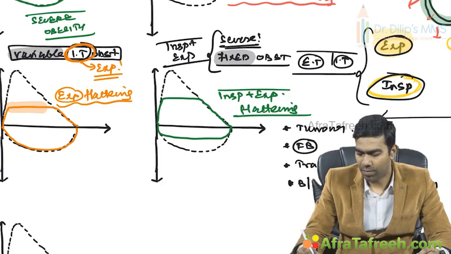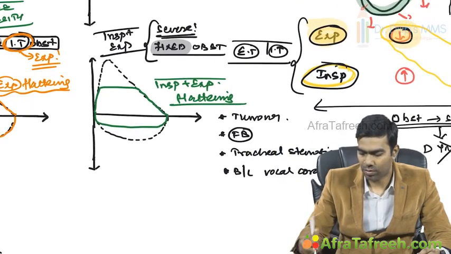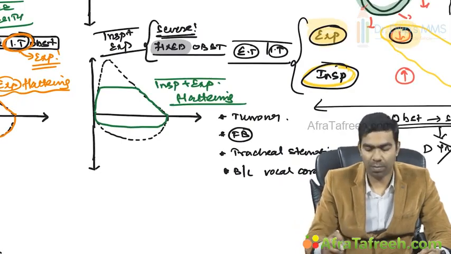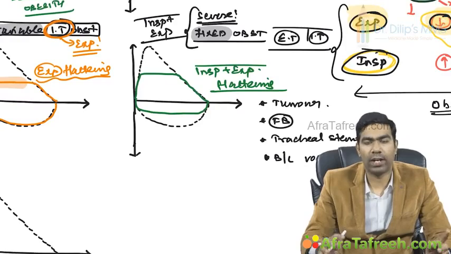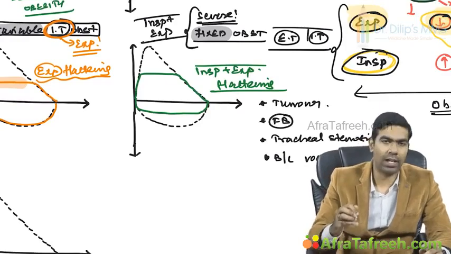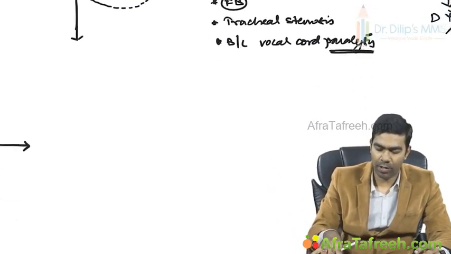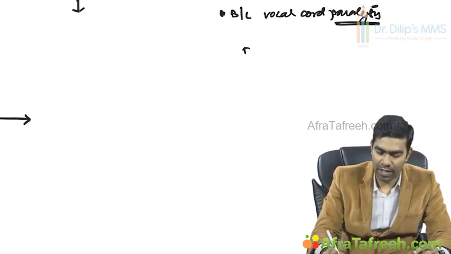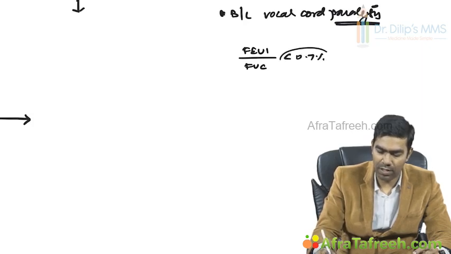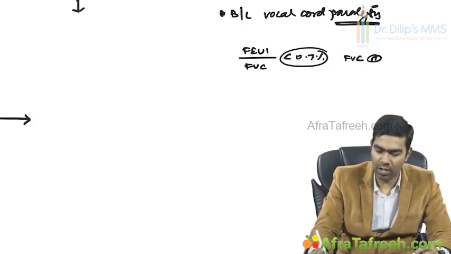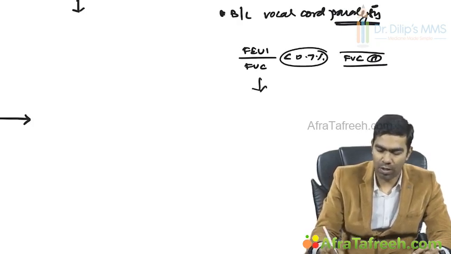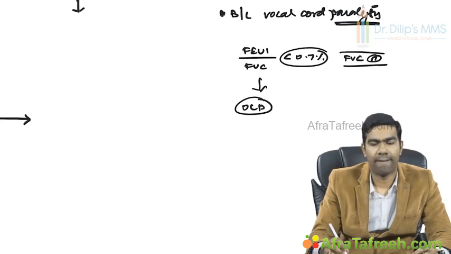But please do remember why I told you these curves are very important, especially the shape of the curves. Whenever you have FEV1 by FVC that is less than 0.7 and FVC is almost near normal or mildly reduced, surely you are telling it's an obstructive lung disease.